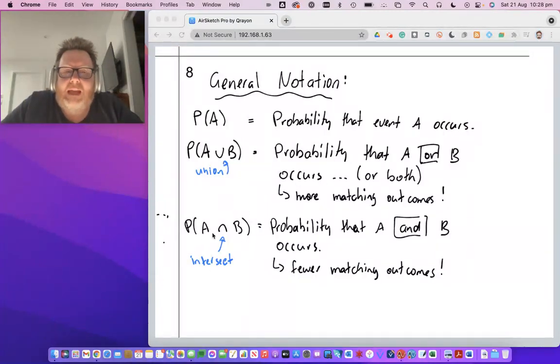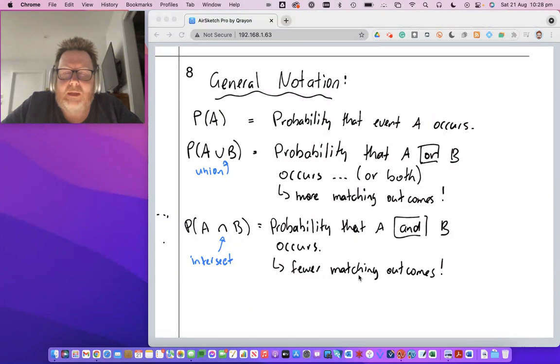The opposite, I suppose, is A intersect B. Intersect is like a joining word. We consider it a match if it matched both A and B, as I've got here. So intersect means and, and because we're restricting what's matching, we're going to get fewer outcomes.